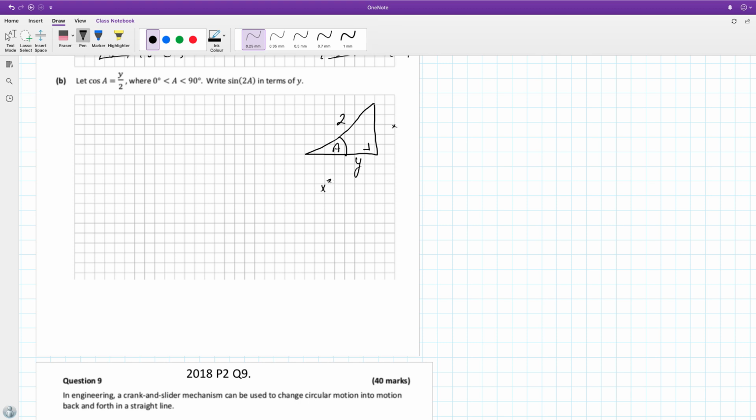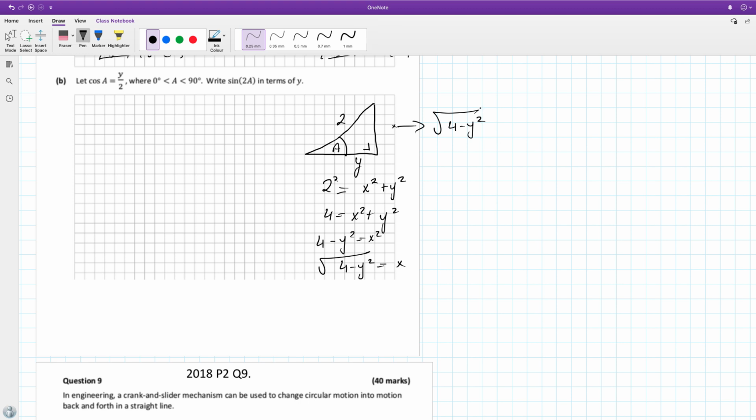So 2 squared is equal to x squared plus y squared. 2 squared is 4, equal to x squared plus y squared. 4 minus y squared equals x squared. The square root of 4 minus y squared is equal to x. So this side over here is the square root of 4 minus y squared. Is that okay? So we now have our three sides.